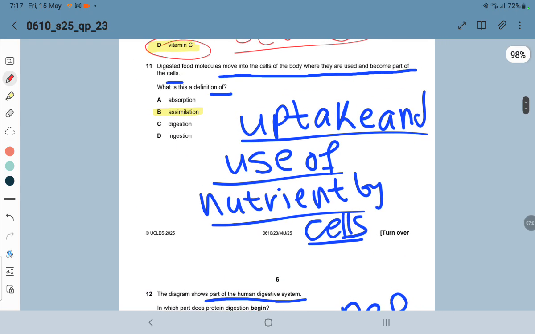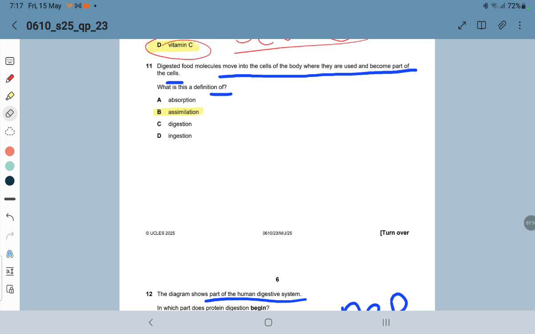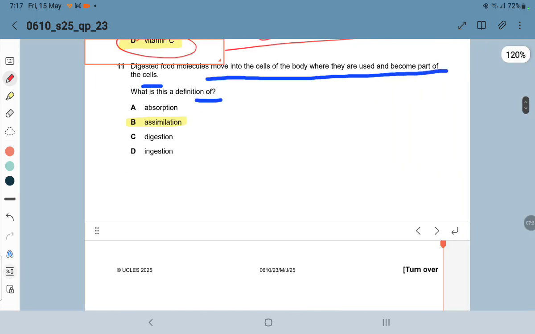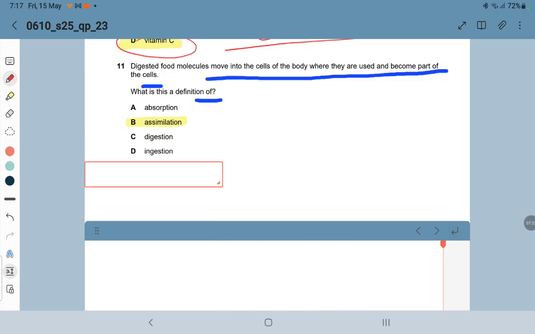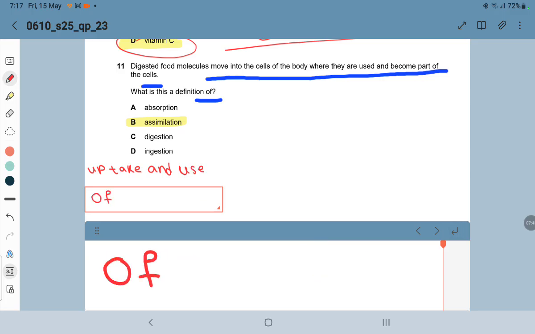Digested food molecules move into the cells of the body, where they are used and become part of the cells. What is the definition of this process? It's called assimilation. To really understand this part, remember with me that in variant 1 the same question came, and we said that assimilation is the uptake and use of nutrients by the cells.